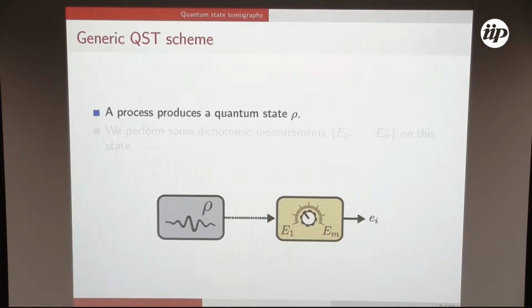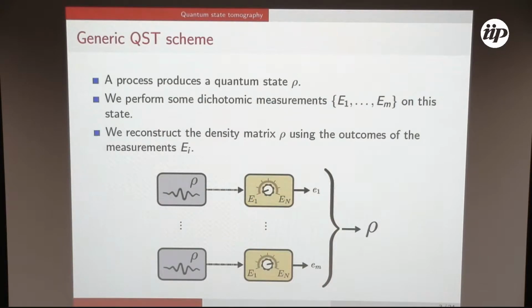So we have a physical process that produces a given quantum state, and we suppose we can perform some measurement. Now we can suppose two-outcome measurements on the state, and after gaining some statistics using several copies of the state, we get the outcomes E1 to EM, and from these outcomes we can reconstruct, using some procedure, the density matrix description of the state.